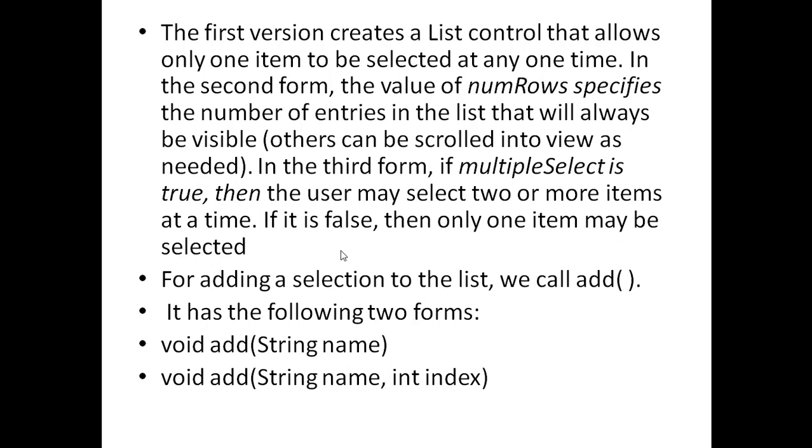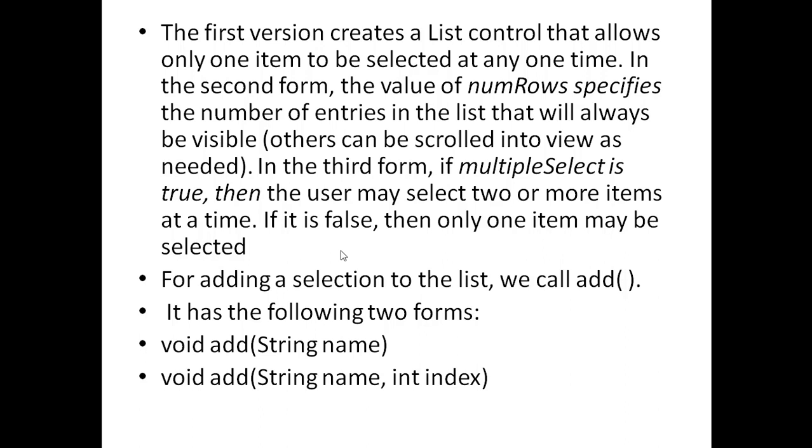The first version creates a list control that allows only one item to be selected at any one time. In the second form, the value of num rows specifies the number of entries in the list that will always be visible. Others can be scrolled into view as needed.